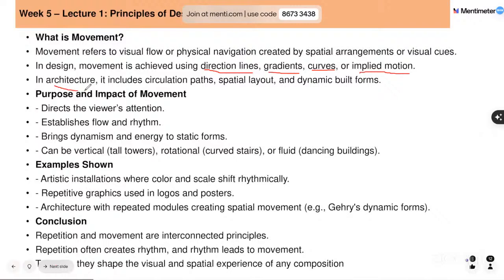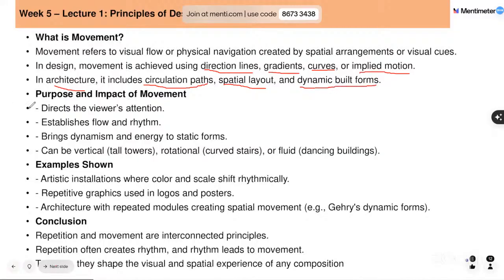Whereas in architecture, we can also use movement to understand circulation path, spatial layout, roads inside a master plan or a site plan, and also for dynamic built forms.